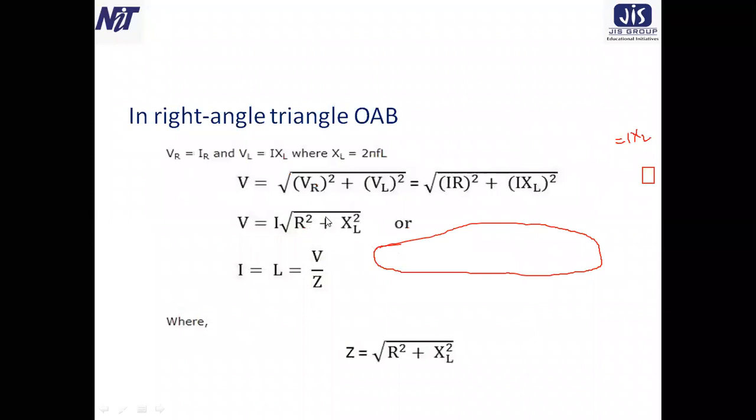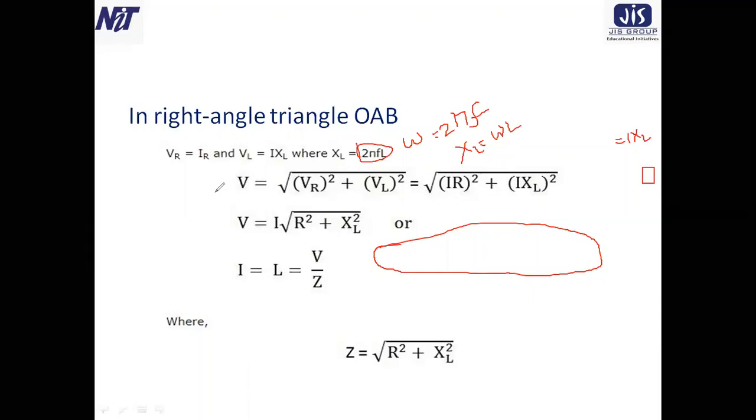And we know that XL equals to 2 pi FL. So here omega equals to 2 pi F. So actually XL equals to omega L, and here already this value is given, or put the value of omega.